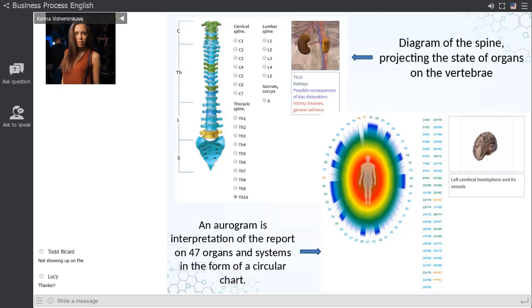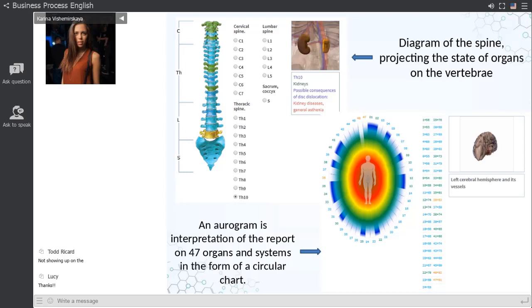By clicking on the spine discs, either in the circles or on the spine discs themselves in the application, you can see the organ and system it's connected to and which conclusions we may have, which consequences if we have a disc displacement in this donut.